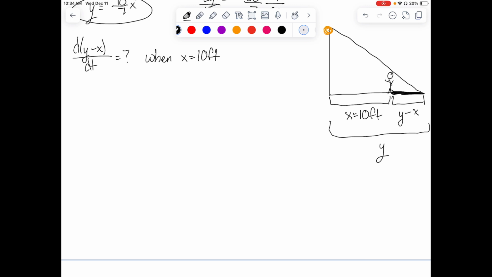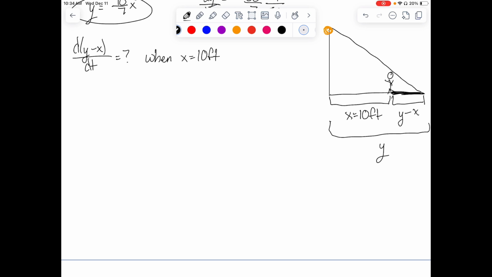Okay, so we're trying to figure out at what rate the length of his shadow is changing, and this is again going to be written as d(y minus x)/dt when x equals 10 feet, because we are trying to figure out the rate at which the shadow, represented by y minus x, is changing per second, represented by the dt.